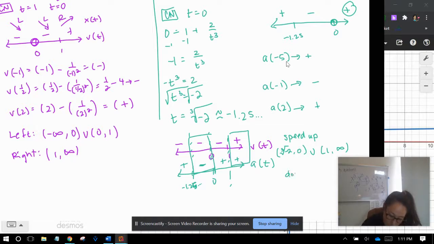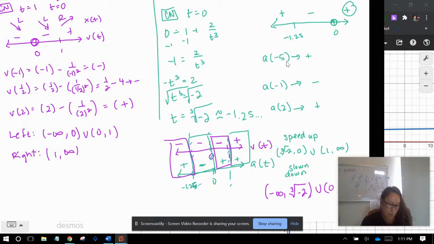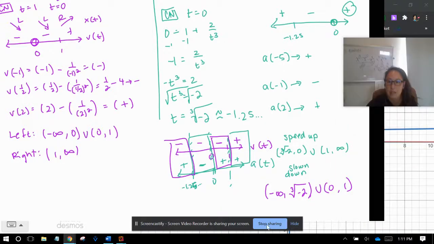And then we slow down when the signs don't match. So here, from negative infinity to the cube root of negative 2, or from 0 to 1. And that is it for today.